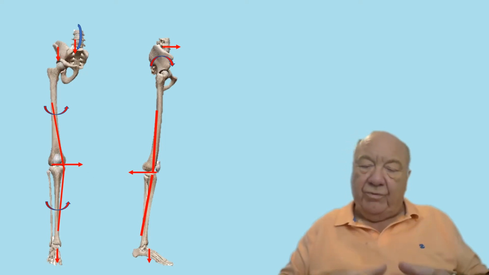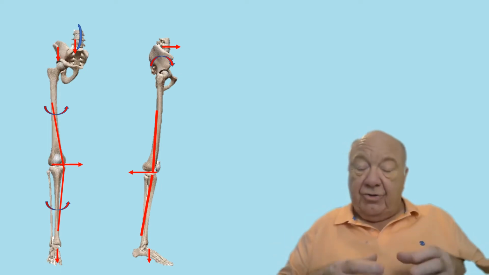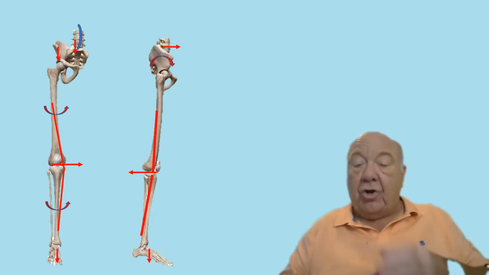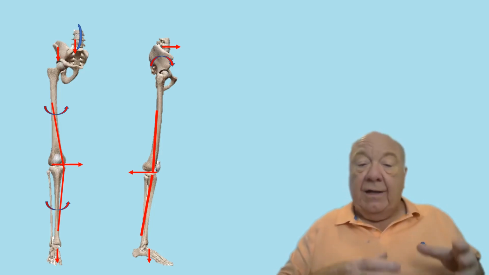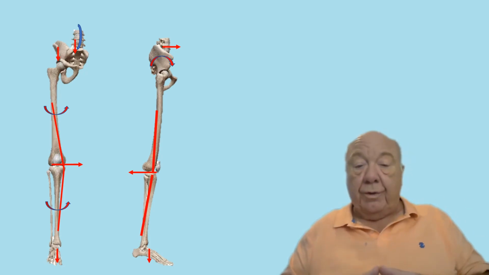All of this will tend to make the leg shorter. So anything that compensates for the leg will try to shorten the leg. If they're not compensating and they break down anyway, as we saw with the flat foot we just looked at, then the leg will shorten.